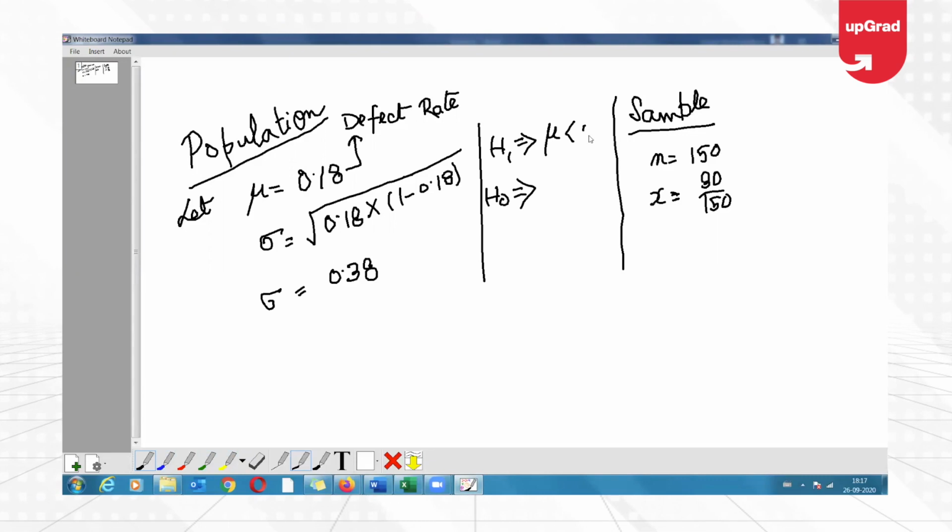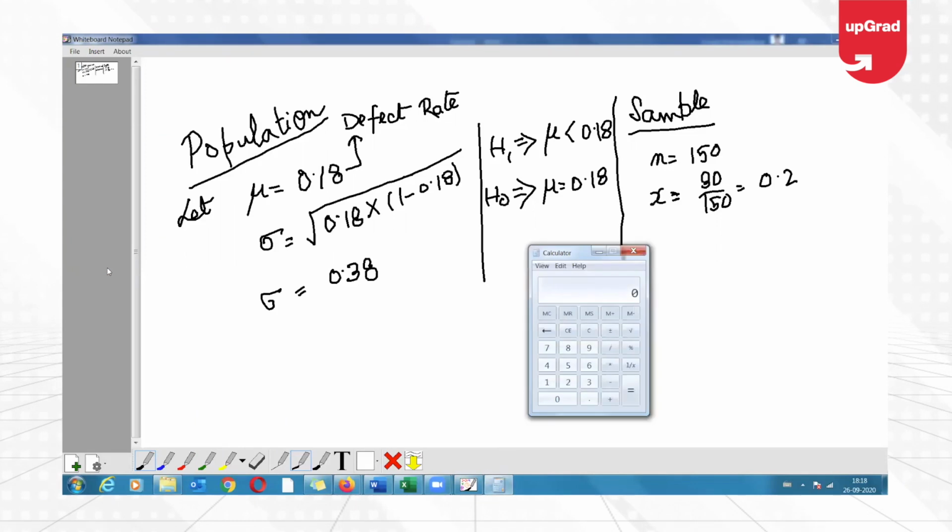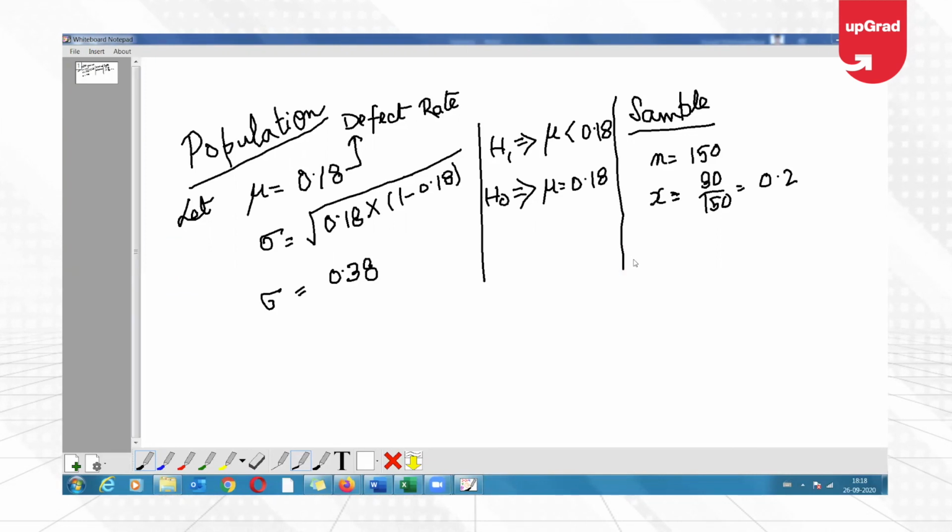Mu is less than 0.18. And my null hypothesis is that mu is 18%, right? So let's calculate the defect rate, which will be 0.2, right? Now let's calculate the z-score.